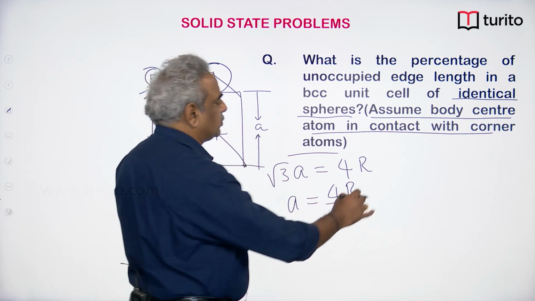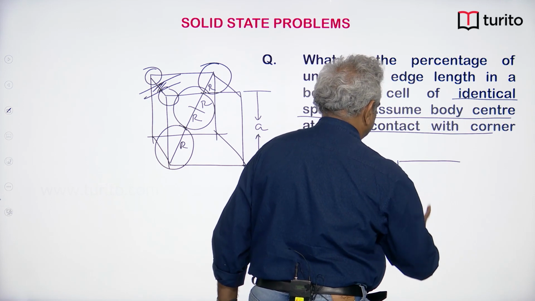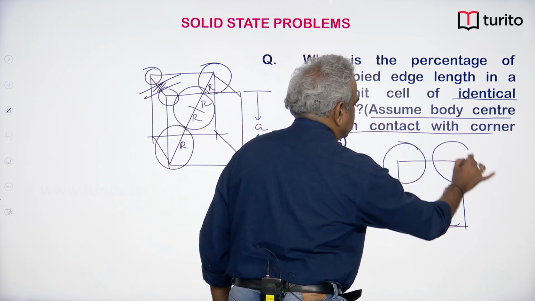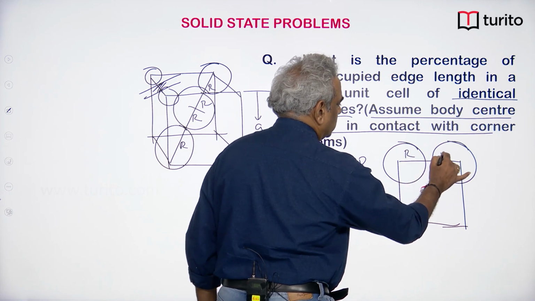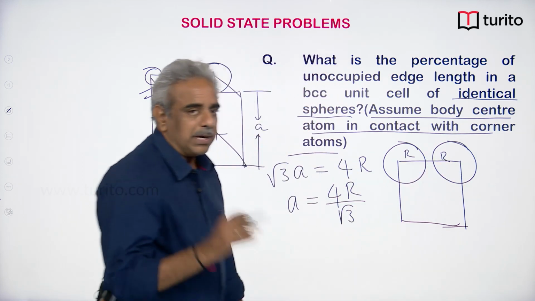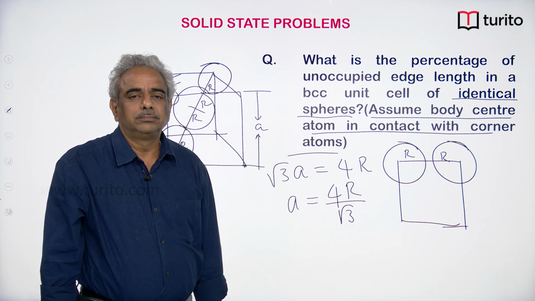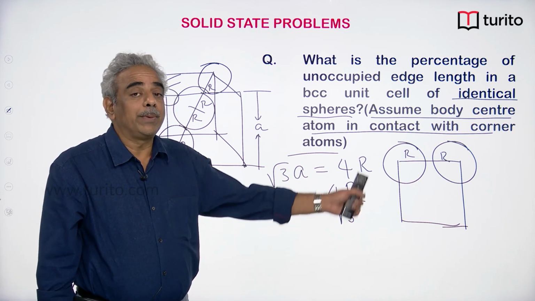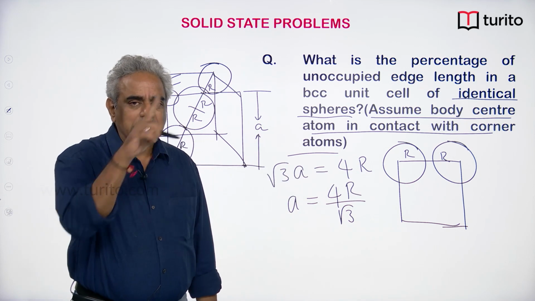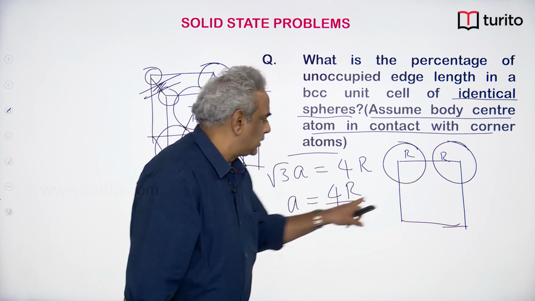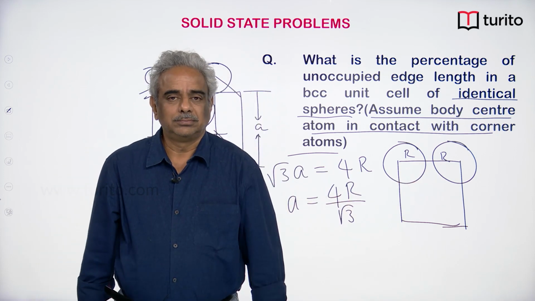So, if you take just one edge or one face, this is an edge atom, this is an edge atom. See, r and r, this is not occupied, the middle space length is not occupied. So, the occupied distance is just r plus r, 2r, and what is the total length? 4r by root 3.